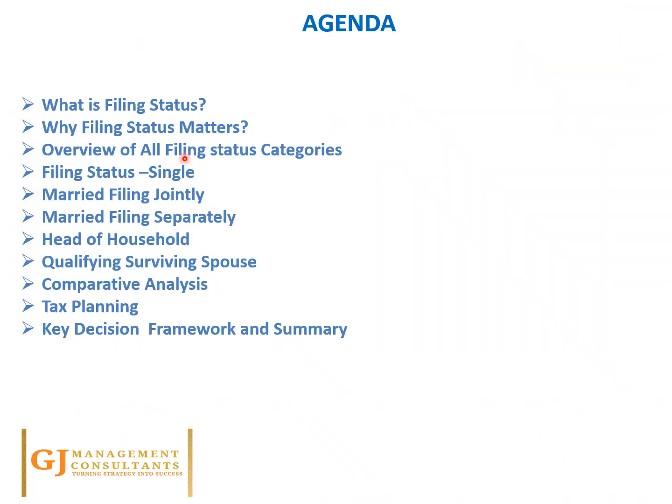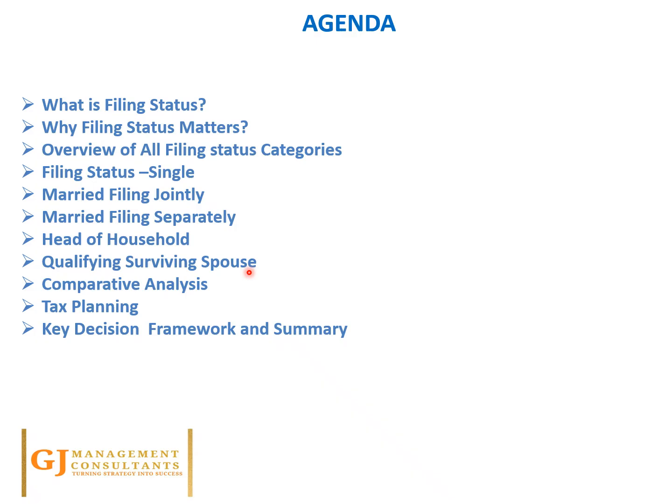Okay, so the key agenda items that we're going to cover as a part of this chapter: we are going to understand what the filing status is, why filing status matters, and an overview of all filing status categories. We'll do a deep dive into the filing status of single, married filing jointly, married filing separately, head of household, and qualifying surviving spouse.